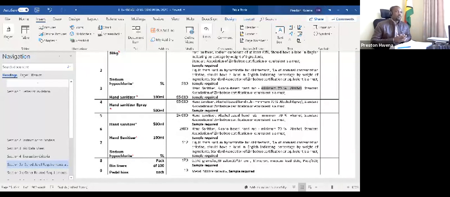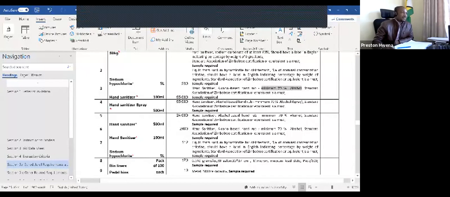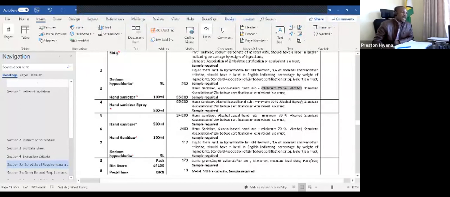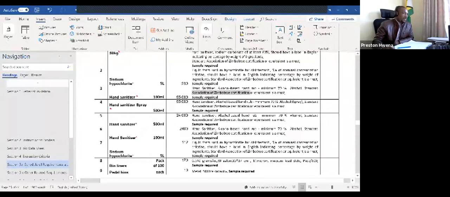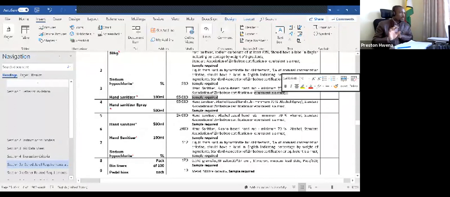I just want to be frank. Don't waste your time to bring something that is not 70% and above. And this should be certified by the Standards Association of Zimbabwe or equivalent, depending where it's coming from.